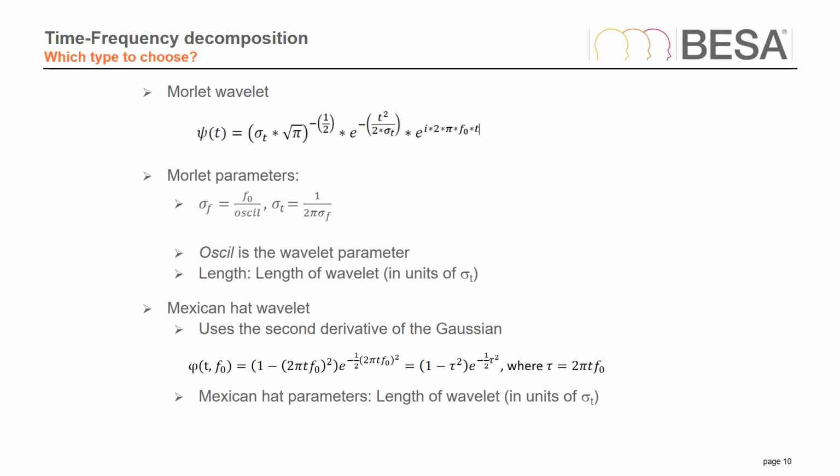The Morlet parameter, oscillation, which is the wavelet parameter, and then the second one is the length of the wavelet in units of this sigma that reflects the length of each wavelet cycle. And then another type of wavelet that we've also implemented in our tools is the Mexican hat wavelet. This uses the second derivative of the Gaussian, and here there's only one parameter, which is the length of the wavelet again.